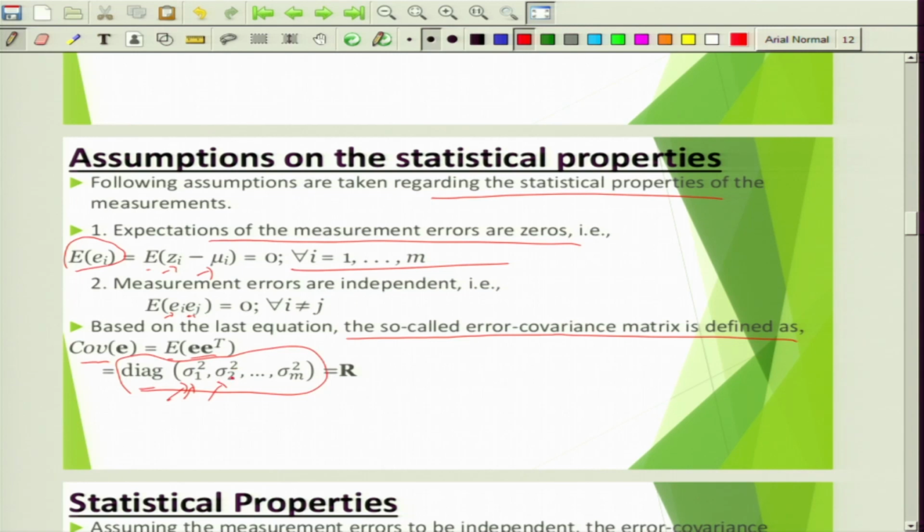The diagonal entries will surely be non-zero, but the off diagonal entries will be 0 if there is no dependency between measurements. The entire covariance matrix, let us term it as R.